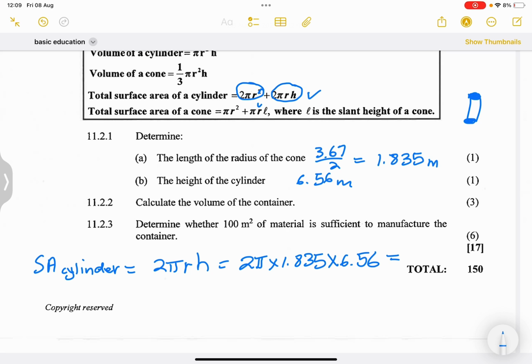Okay, now we then need to also determine the surface area of the cones. All right, so for the cones, again, that would be pi r squared if we are considering the base. Okay, but because we don't have the base in this case, I'm trying to just show you on the cylinder part.